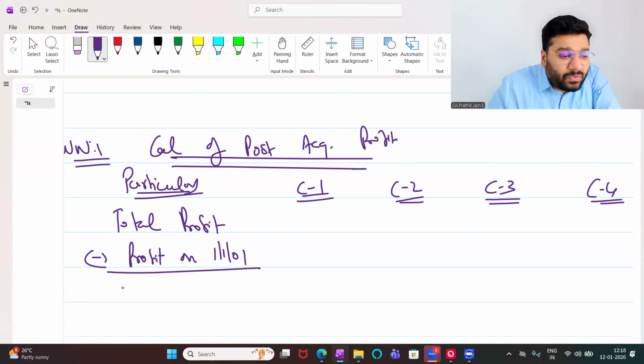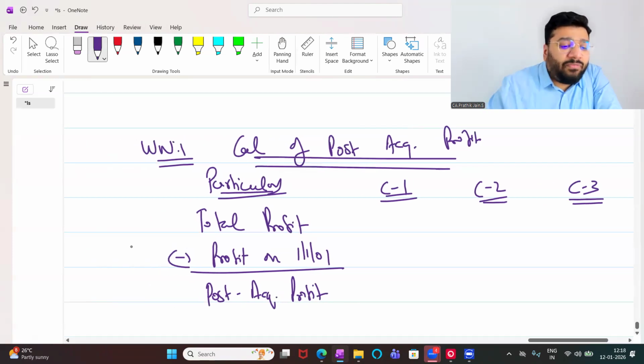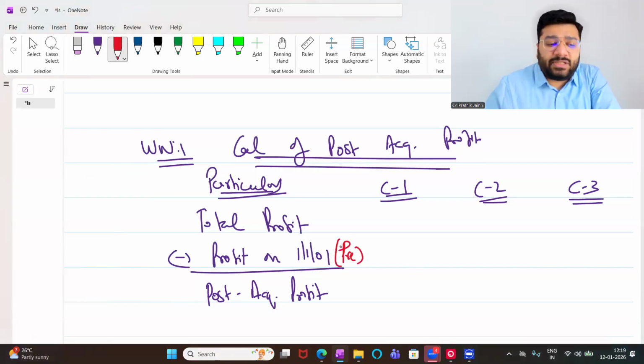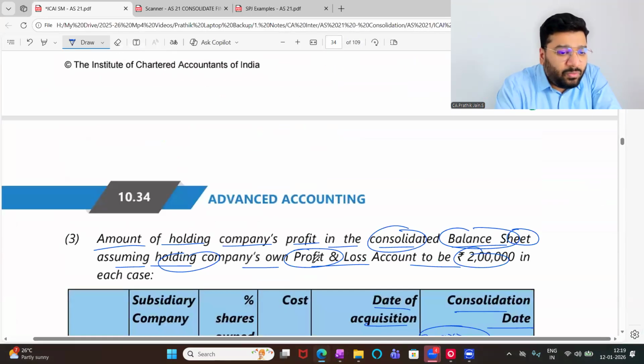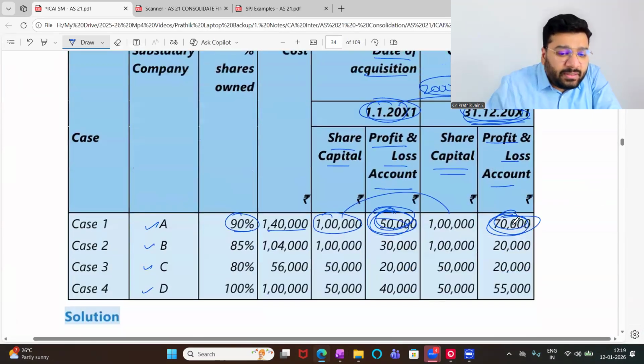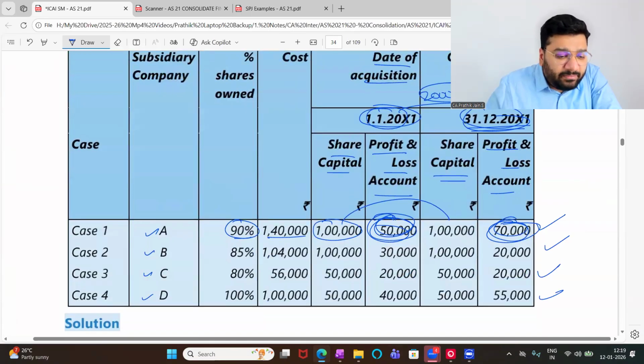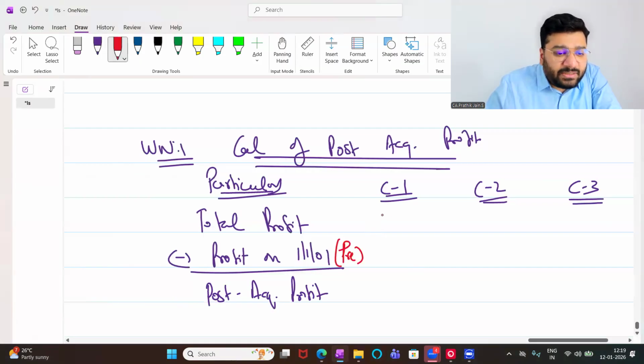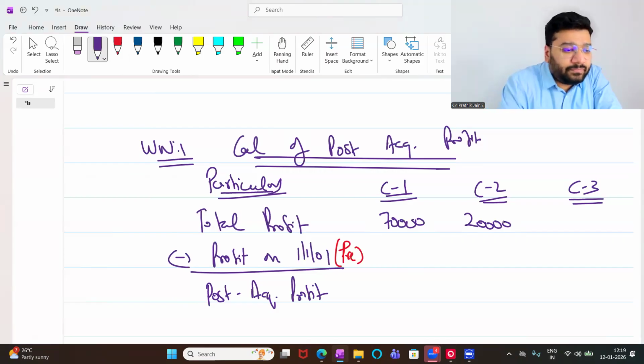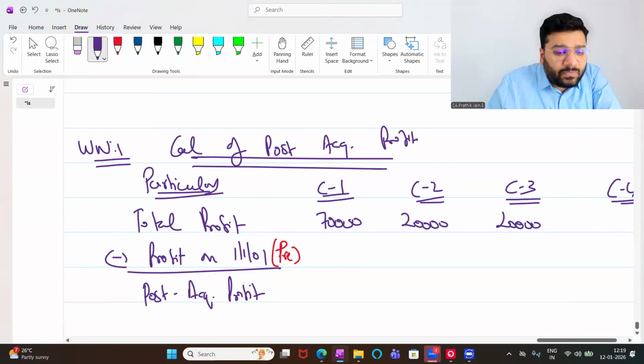So what will I get? Post-acquisition profit. From total profit, if I minus profit on 1/1/01, we can call this pre-acquisition profit also. Am I right? Tell me one by one, what is my total profit at the end of the year? 70,000, 20,000, 20,000, 55,000.